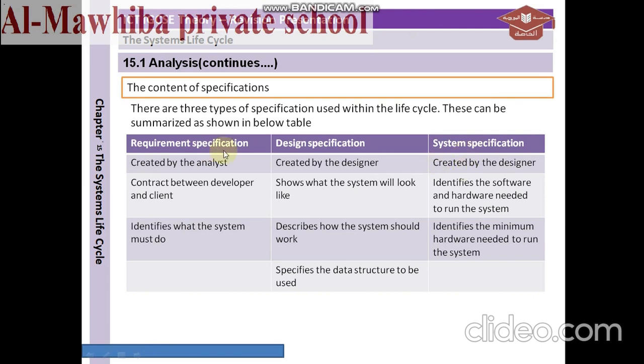The first one, the requirements specification, is created by the analyst, and it is the contract between the developer and client. It also identifies what the system must do. It concentrates more on the requirements.